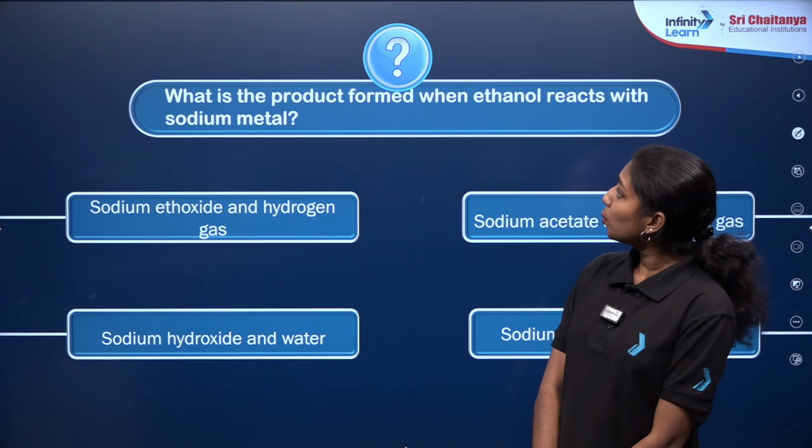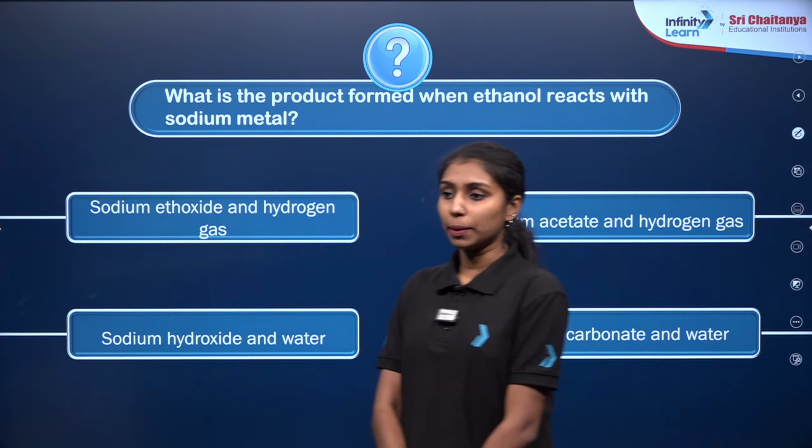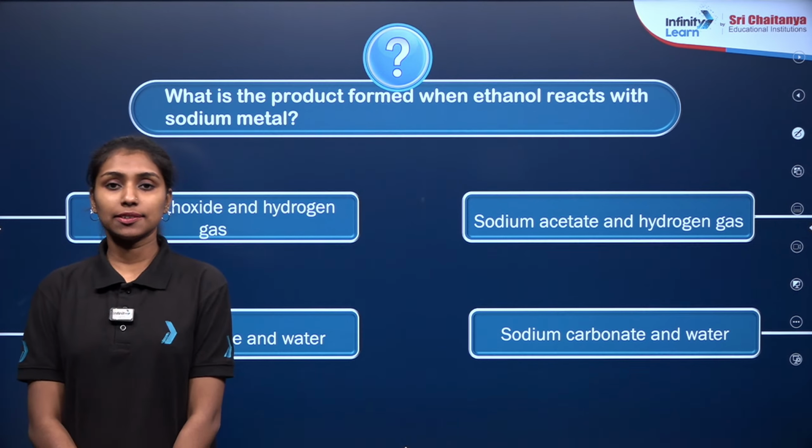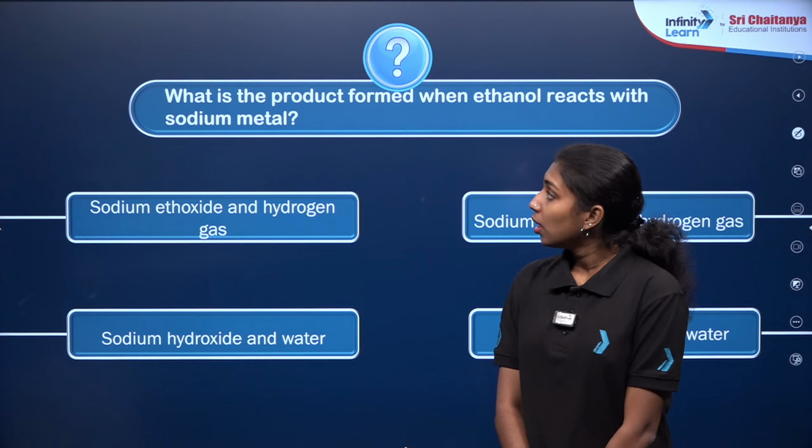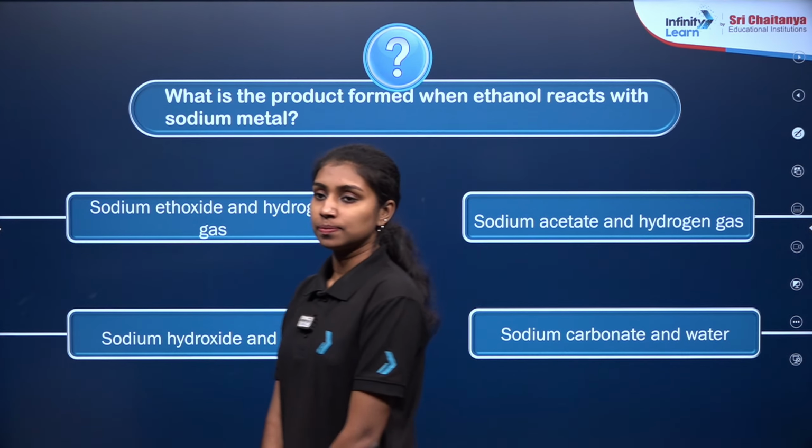What is the product formed when ethanol reacts with sodium metal? First reaction we have discussed in this class, the reaction of ethanol with metals, right?